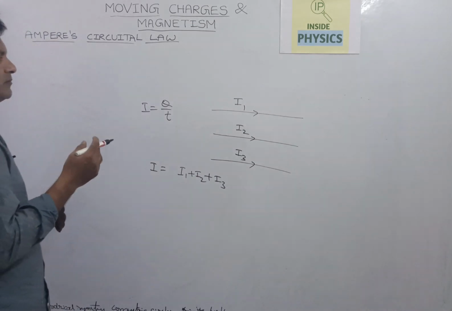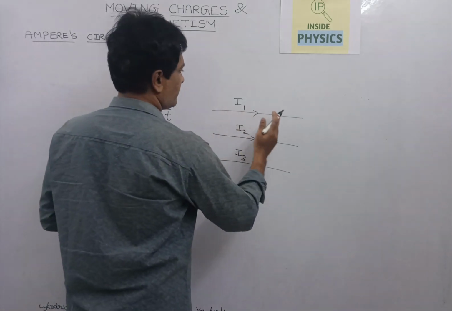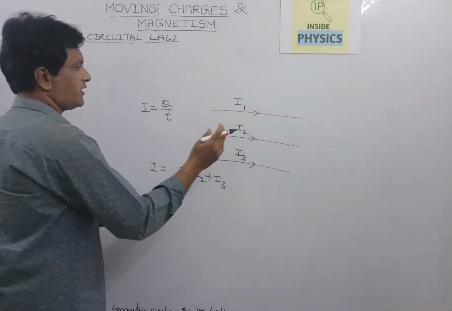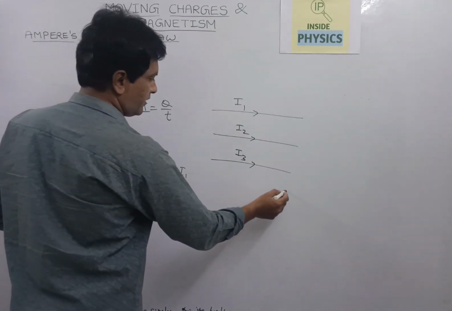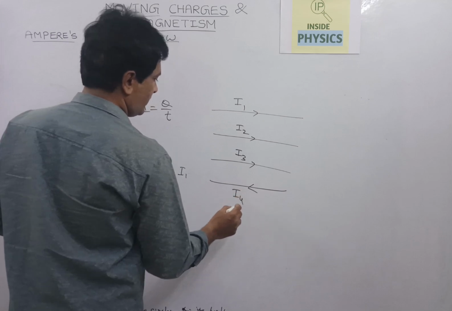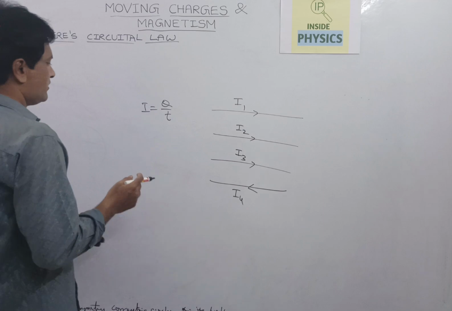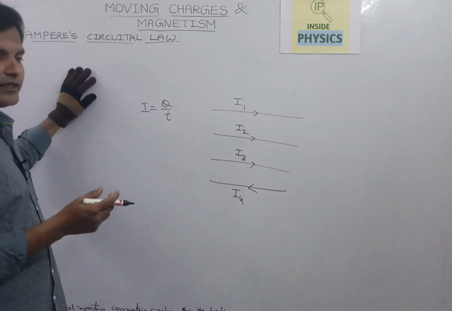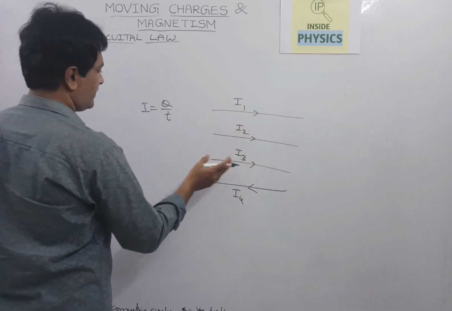The algebraic sum means if you are considering the currents from left to right in one direction, and the fourth one may be flowing from right to left, we can take the algebraic sum of the total currents so that we can calculate the magnetic field due to the total current across this area.